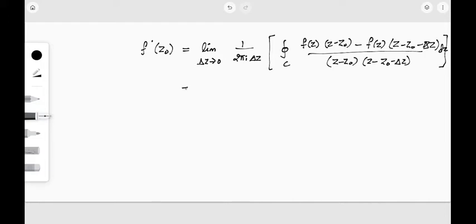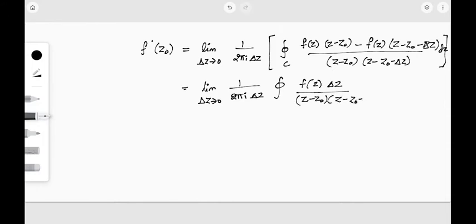So the only term remaining, after simplifying our bracket, is integral over c f of z into delta z divided by z minus z dot into z minus z dot minus delta z into dz. Okay, so I can cancel out this delta z and delta z.